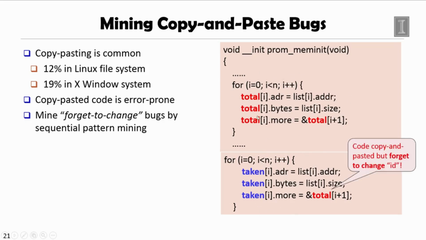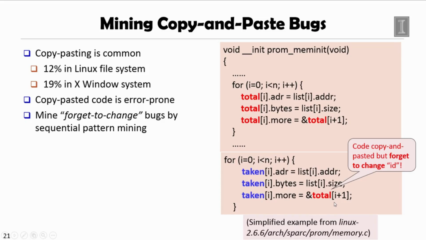But the problem is when you do a global change, sometimes the programmer may forget to change something, like here. All the totals in the front were changed to taken, but the last total, the second occurrence in the statement, was forgotten and not changed to taken. This is a very common problem because of the carelessness of some programmers.